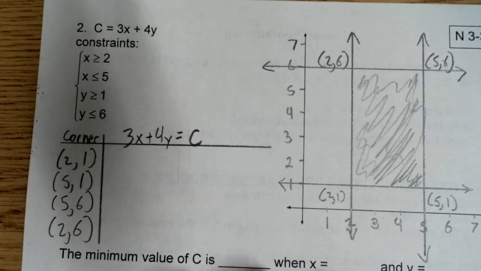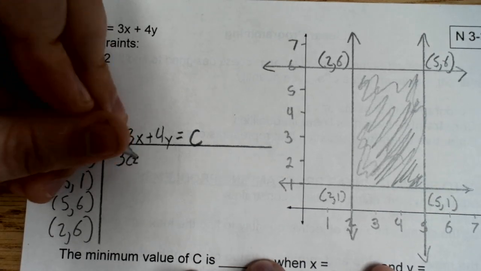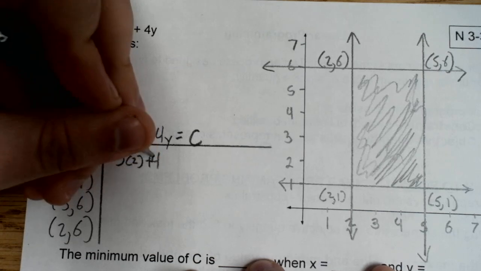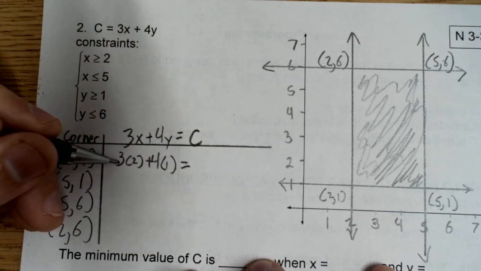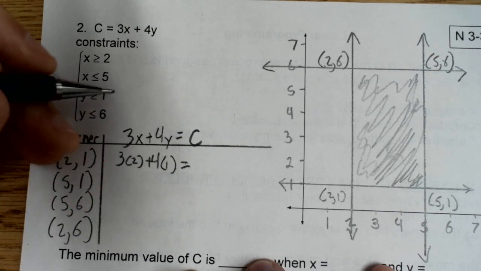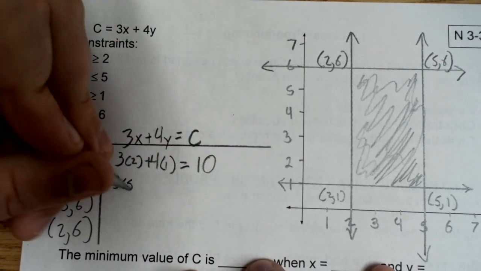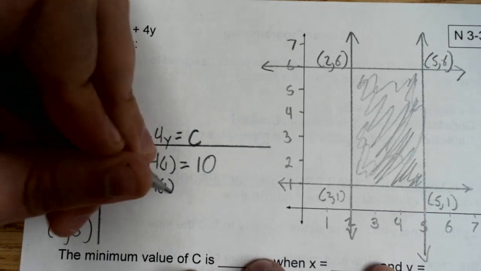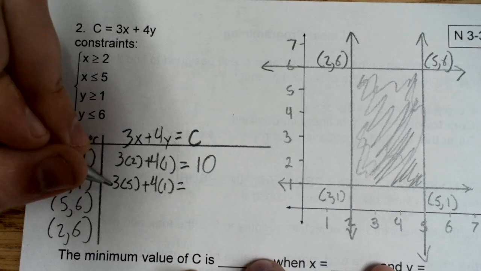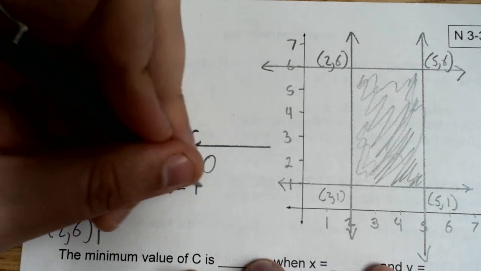And then all that's left to do is I'm plugging that into my equation here. So 3 times 2 plus 4 times 1 would give me 6, 7, 8, 9, 10. Then 3 times 5 plus 4 times 1 would give me 19.